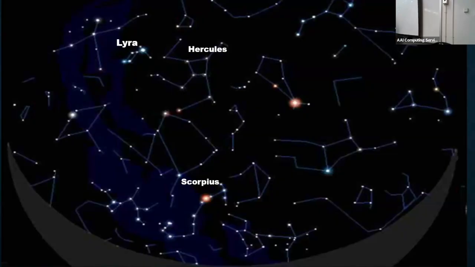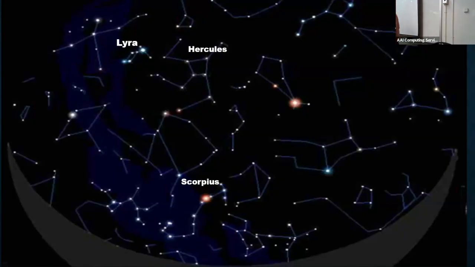So when you're looking at Scorpius and Sagittarius, for those of you at home, it's right about here. When you're looking at that, you're looking right in towards the center of the galaxy. Now, you can't see the center of the galaxy because there's a lot of gas and dust, but there is a strong source of X-ray emission there called Sagittarius A*, which is the black hole at the center of the galaxy.